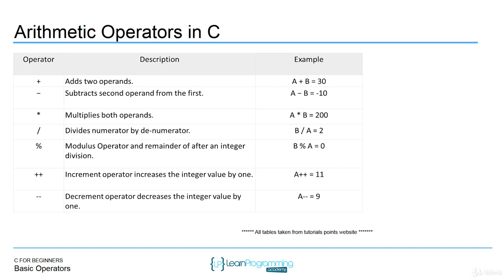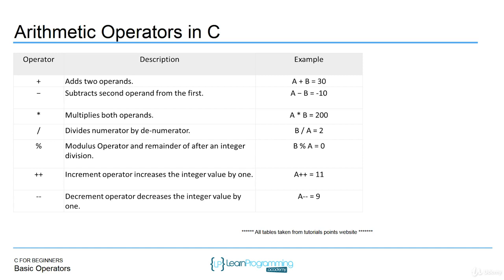Right, so the plus symbol is going to add two operands. It's infix, in between the two operands. You could either add variables, a combination of constants and a variable, or just constants. In this one, we're saying a plus b equals 30. But the actual operator and operands are just a plus b. And that would be the example.